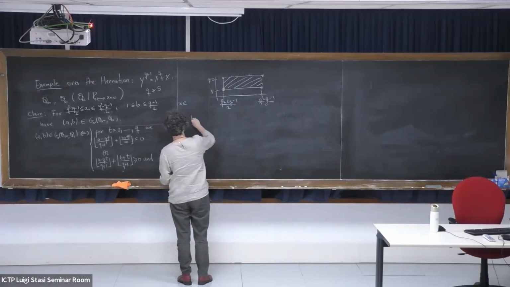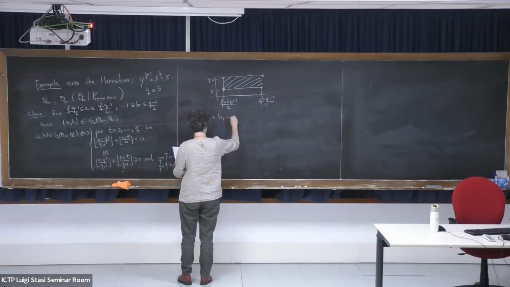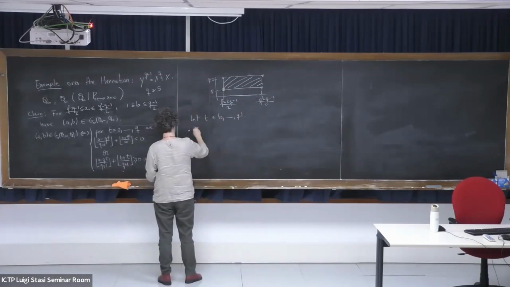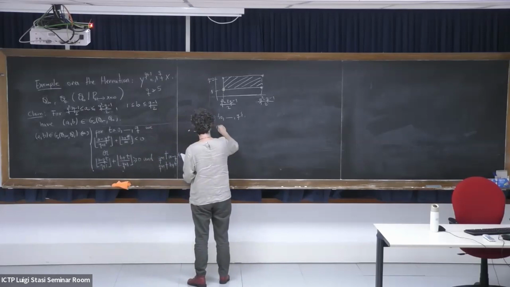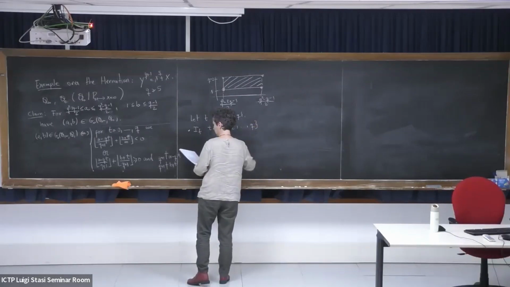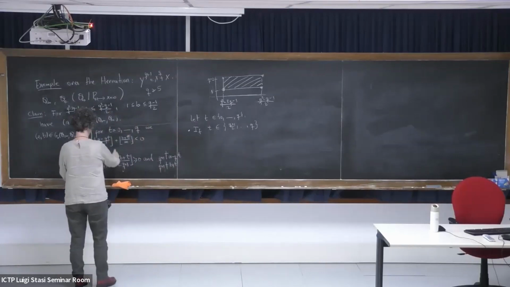Let T be... so case one: if T is from Q plus 1 over 2 till Q, we are going to prove that in this case, this is always negative.